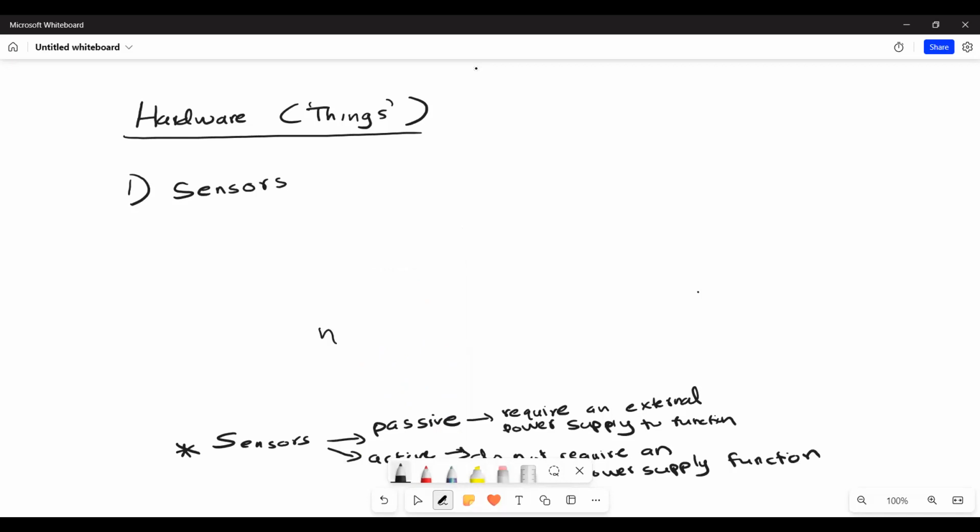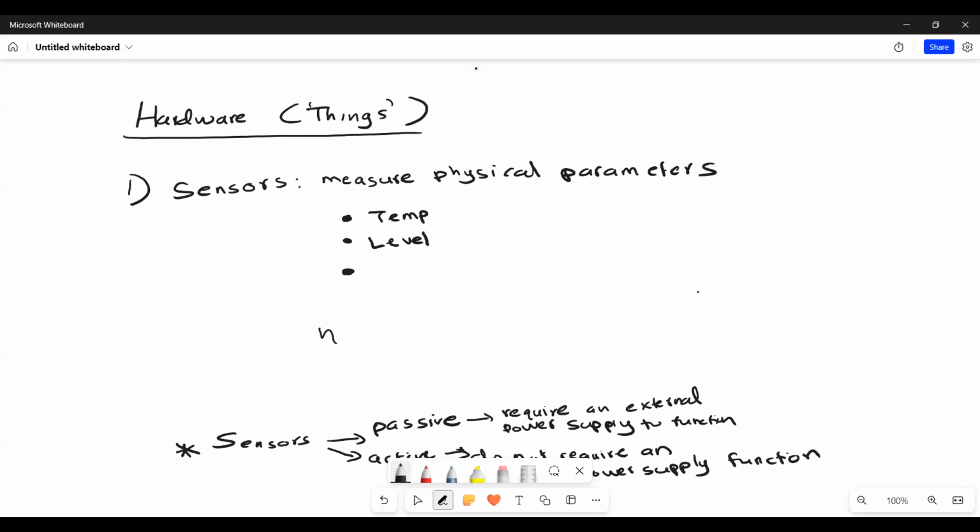All right. Sensors are able to measure physical parameters such as temperature, flow of liquid, and so on. They are able to measure physical parameters such as the temperature and the level of water, air, or soil.